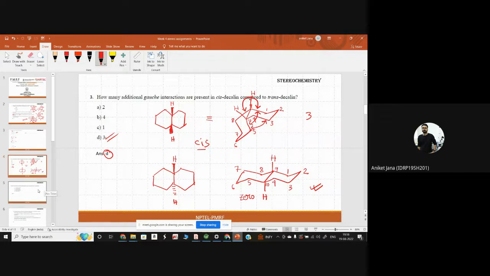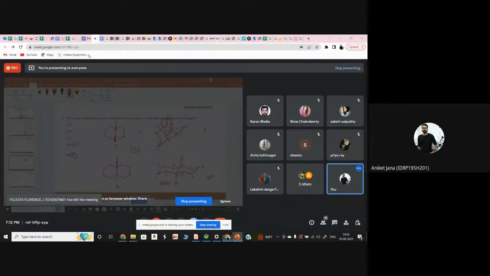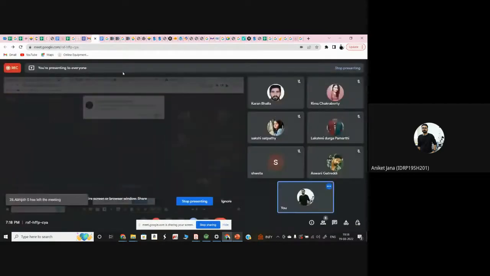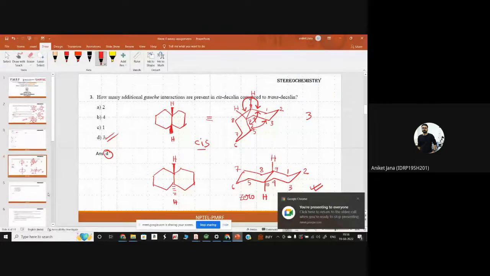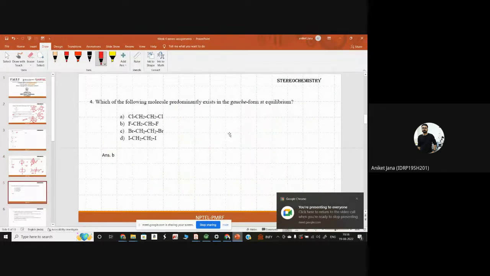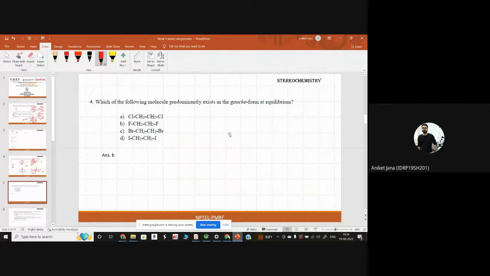Okay, let's move to the next question. Which is the correct answer? Which of the following molecules predominantly exists in the gauche form at equilibrium?